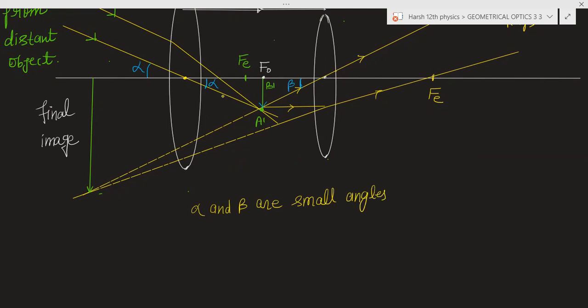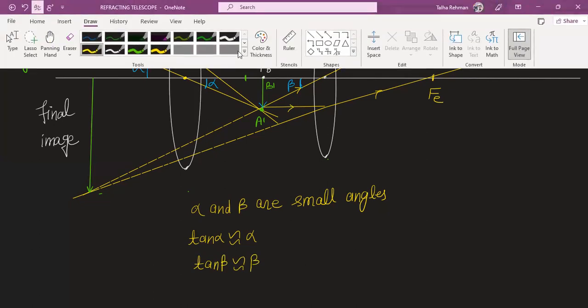If alpha and beta are small angles, then we know one thing in math: tan alpha can be approximately written as alpha, and tan beta can be approximately equal to beta.